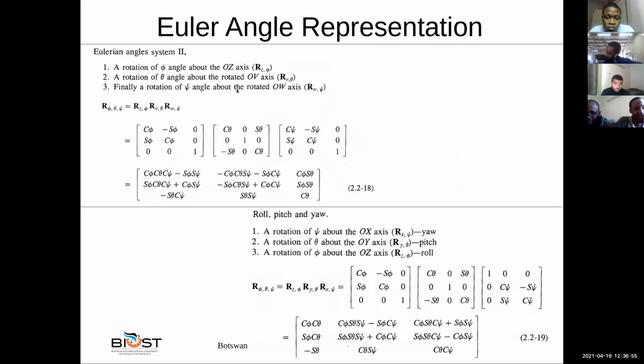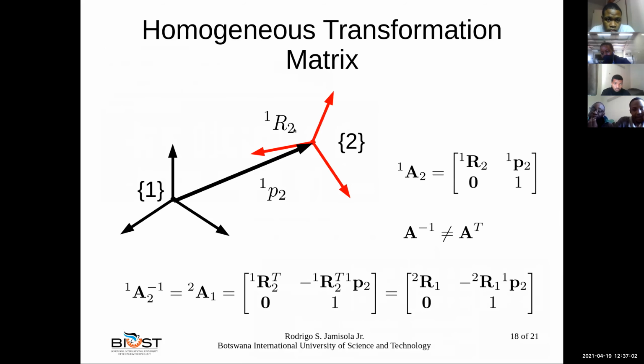So now we can combine. This is just an Euler convention of what kind of rotation. We don't need to discuss that now. So now we are ready to combine the rotation as well as position changes. So we call it a transformation matrix, where you have the rotational part and the position part.